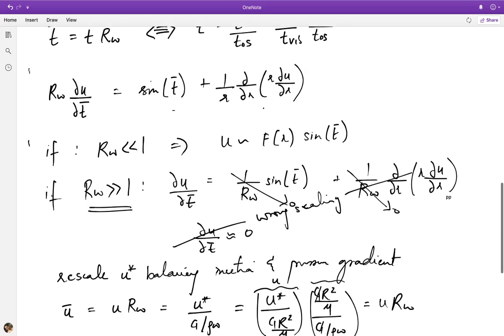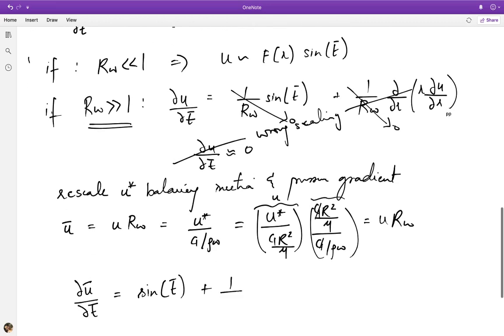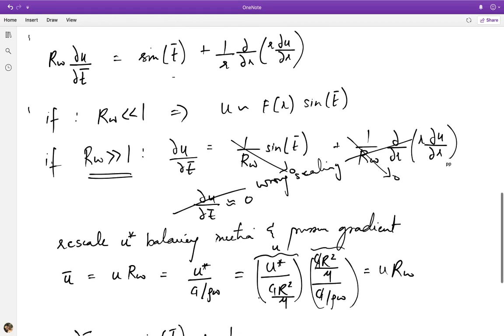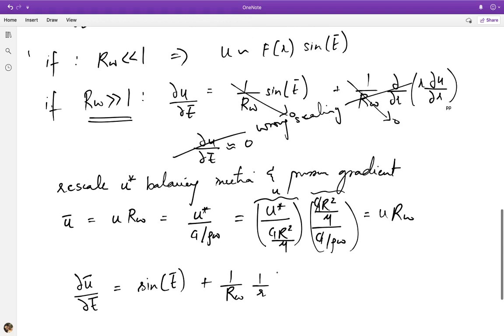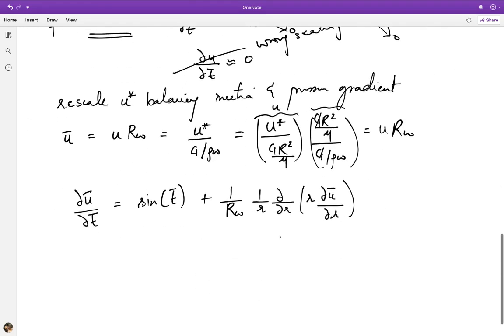Right, and from the viscous term, u goes as u bar by r omega, so we'll get 1 by r omega times the viscous term. Now do u bar by u r. So this is now the large frequency scaled equation.